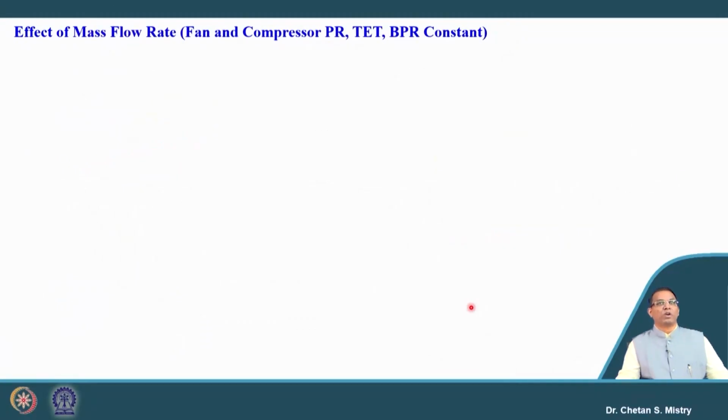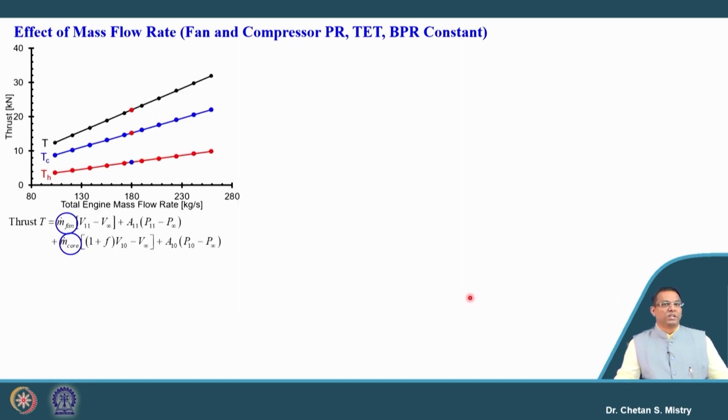Okay. Now, let us look at what is happening with my mass flow rate configuration. So, it says when we are increasing our total mass flow rate, it will be increasing my fan mass flow rate as well as my core mass flow rate, and that is what will give the increase of, say, total thrust.